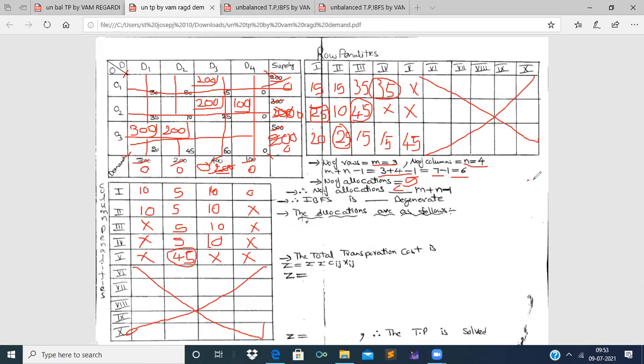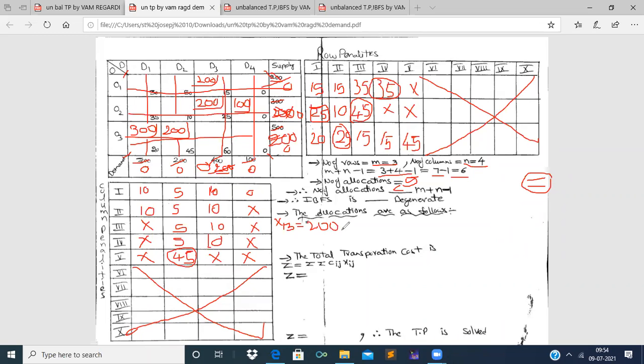If the number of allocations is exactly equal to m plus n minus 1, then we say the IBFS is non-degenerate. It is not the case here, so the IBFS is degenerate. Now let us write the allocations. The first row contains an allocation, x13 is equal to 200, right?